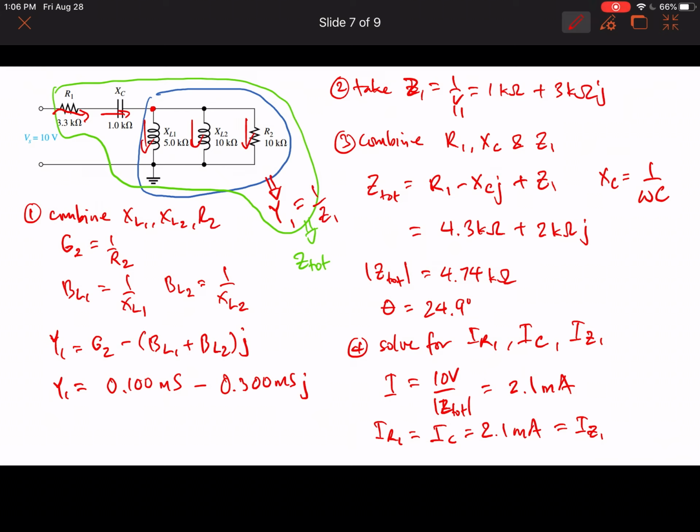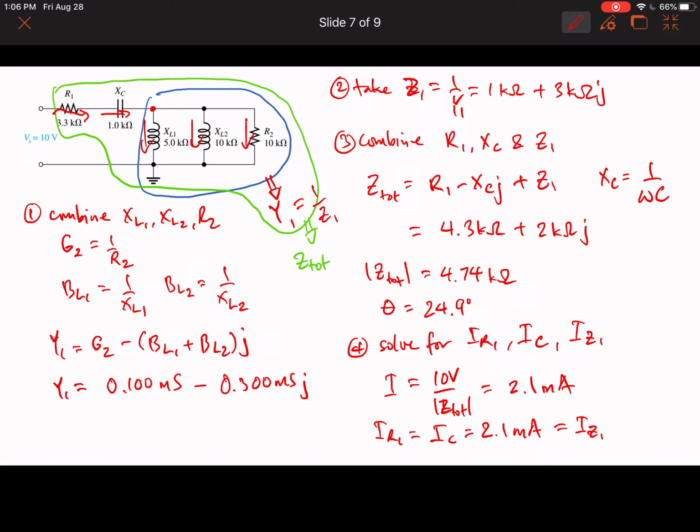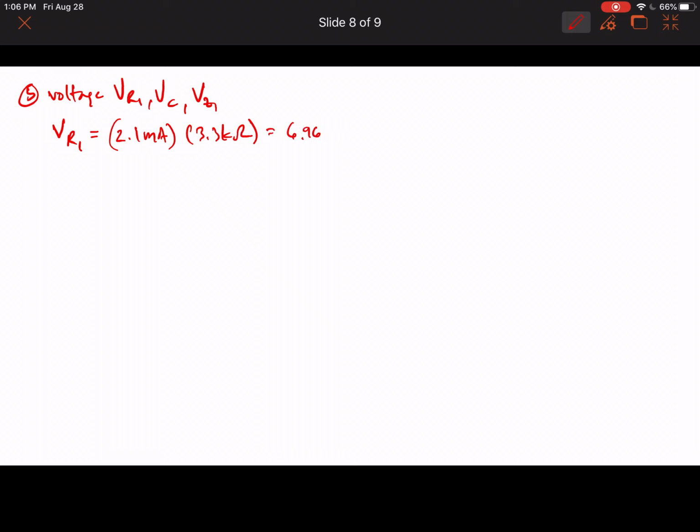So what about voltages? Voltages across R1, XC, and Z1, so VR1, VC, and VZ1. The voltage across R1 is just equal to the current that we have computed times the resistance, which is 3.3 kilo ohms, and that gives us 6.96 volts.